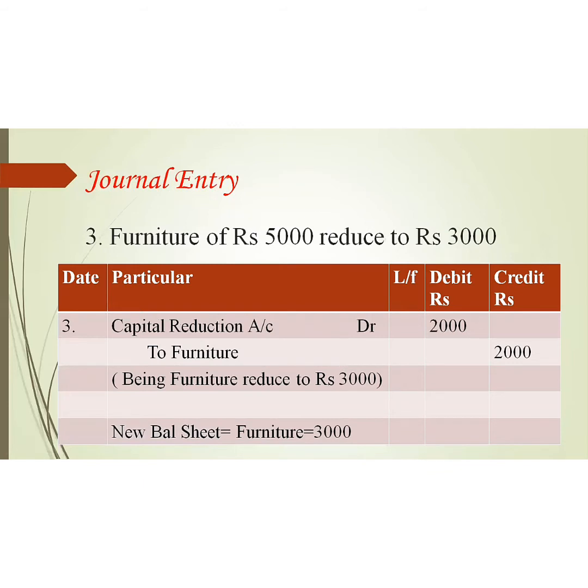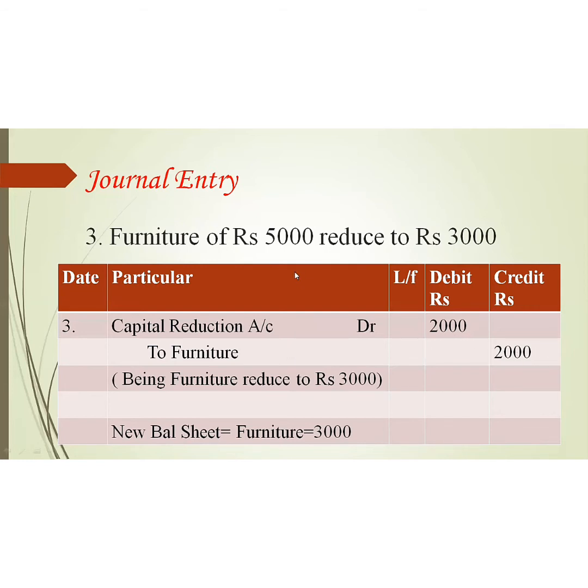Next is furniture of rupees 5,000 reduced to rupees 3,000. So it means there is a reduction of only 2,000. The journal entry is capital reduction account debit 2,000 to furniture account 2,000.